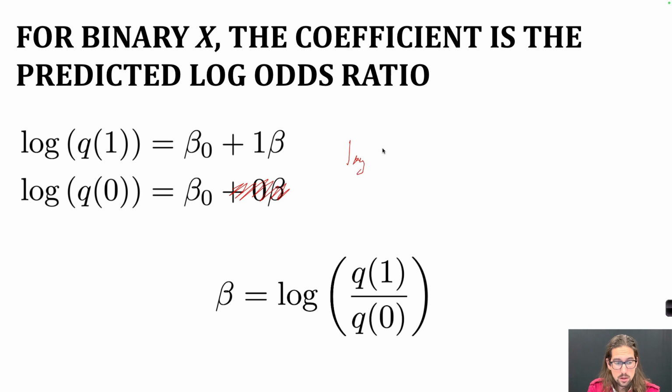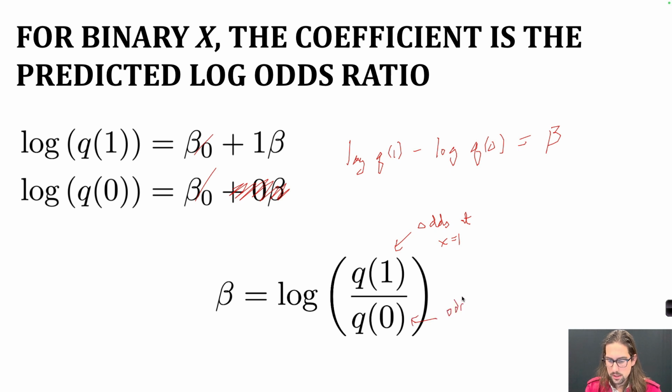So if I have log of q1 minus log of q0, the difference, these betas will cancel, and then we just get beta, right? And the difference of two logs is the same as the log of that ratio. So I get that beta is equal to log of q1 over q0, and remember this thing is the odds at x equals 1, and then this one down here is the odds at x equals 0.